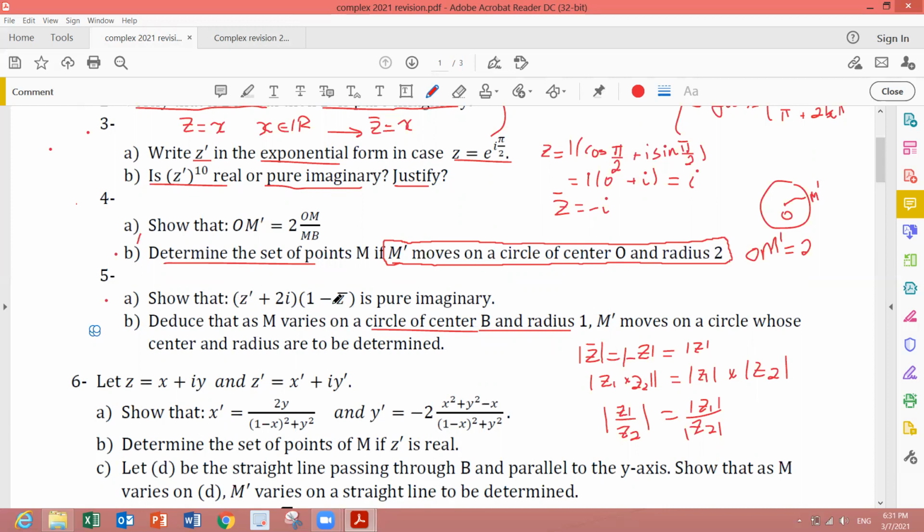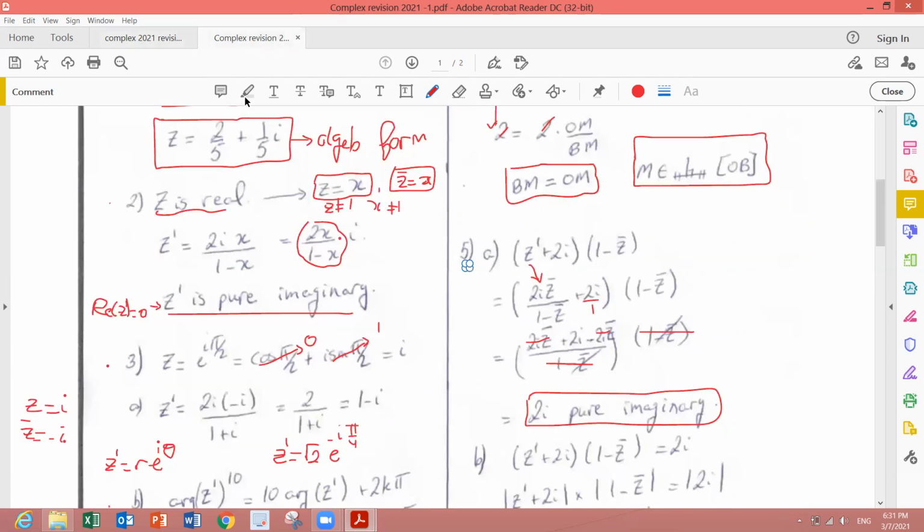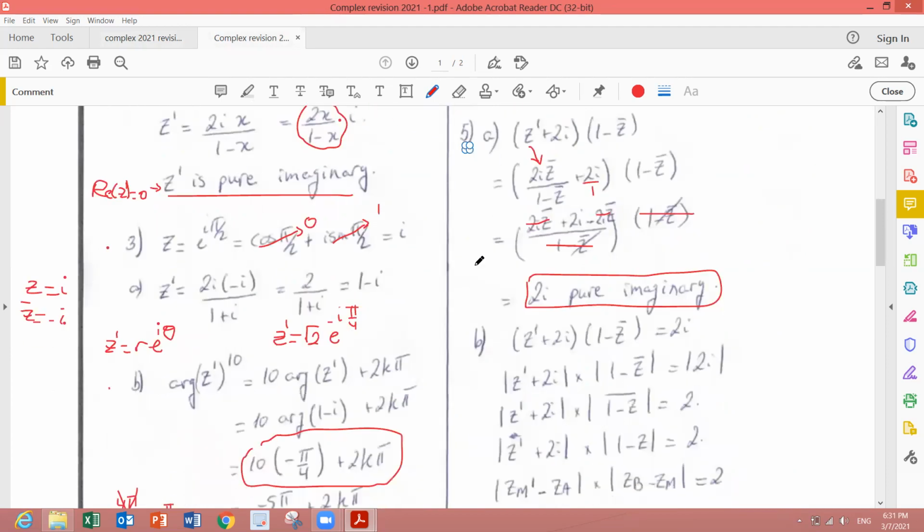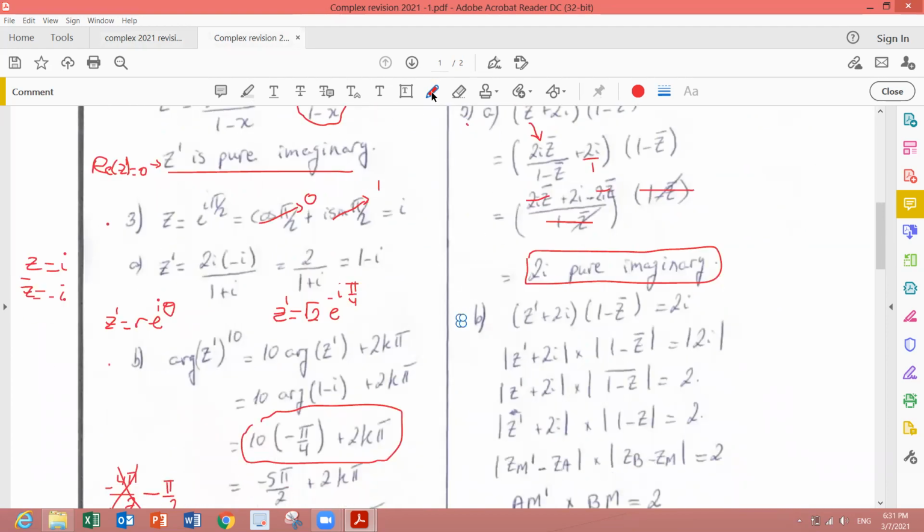So I use the relation from 5 part A: Z prime plus 2I into 1 minus Z bar equals 2I.